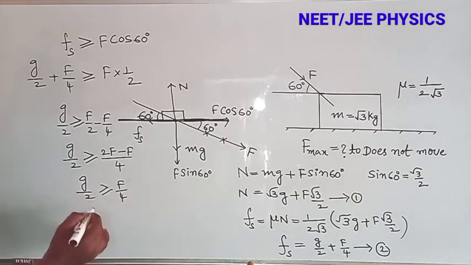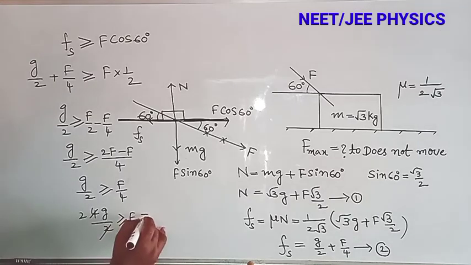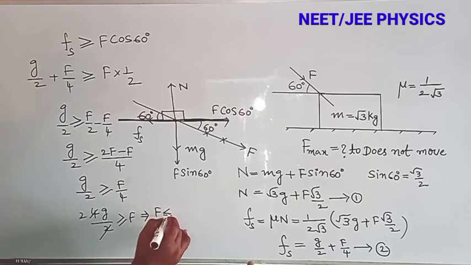Moving this 4 to this side, 4g upon 2 is greater than or equal to F. That implies F is less than or equal to 2g.